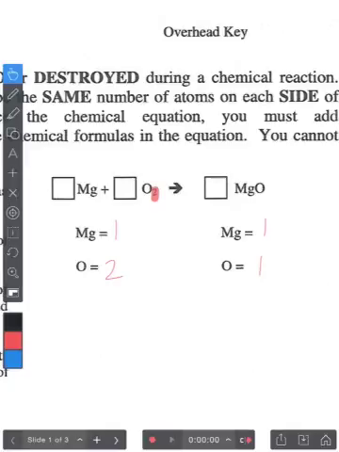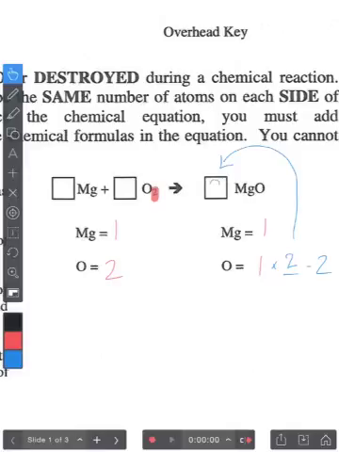First thing that I always do is I recognize that I need to make this oxygen over here equal 2. So I think to myself, what can I multiply by to equal 2? Well, seems pretty easy. Just multiply it by 2. And when I do that, I have to carry that number to put it in the coefficient place, which just means before.